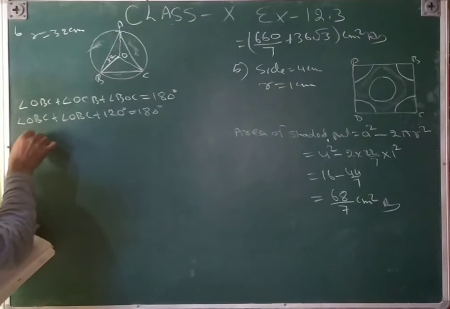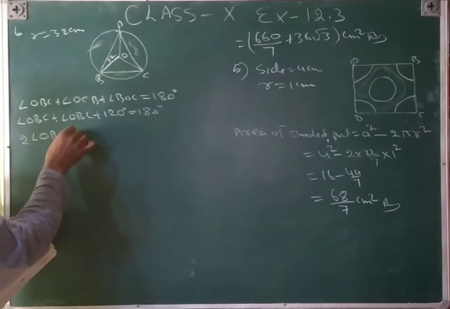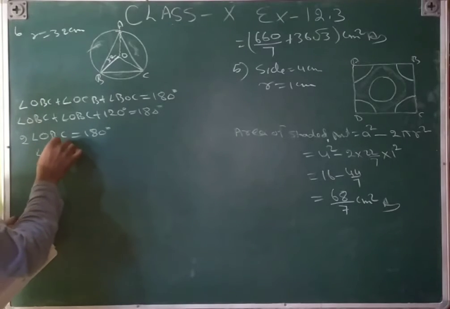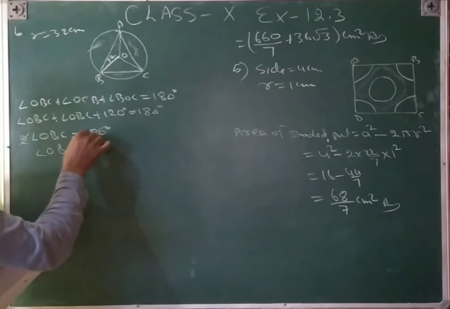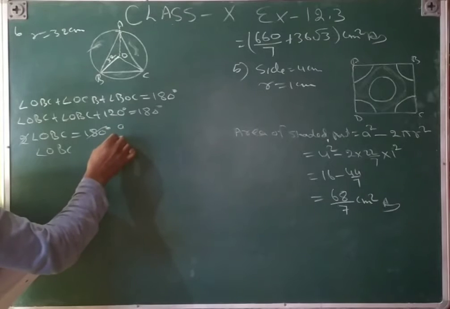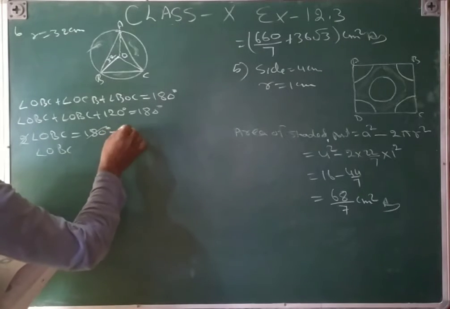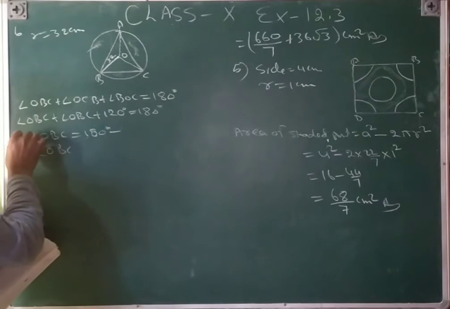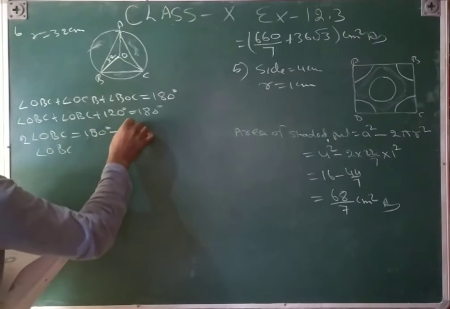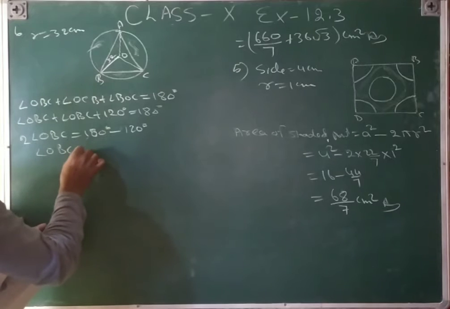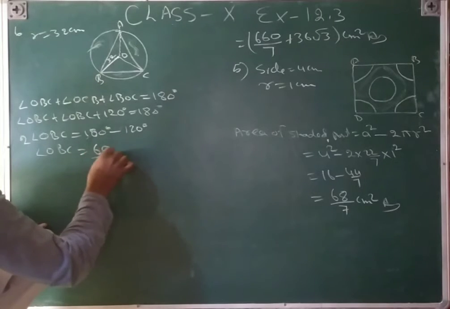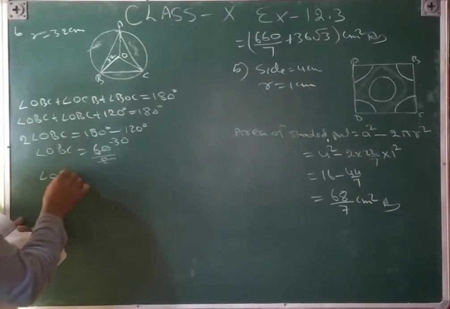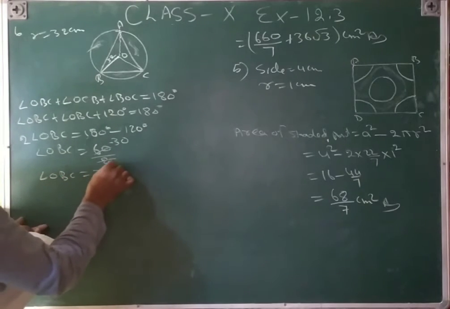Then 2 angle OBC is equal to 180 minus 120. So that is 60 upon 2, 2 threes are 30. So angle OBC is equal to 30 degree.